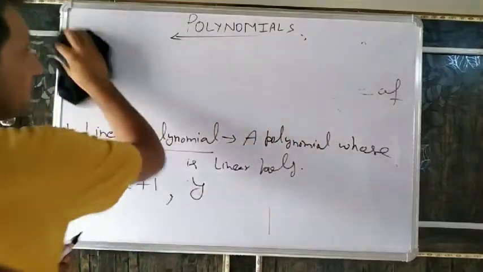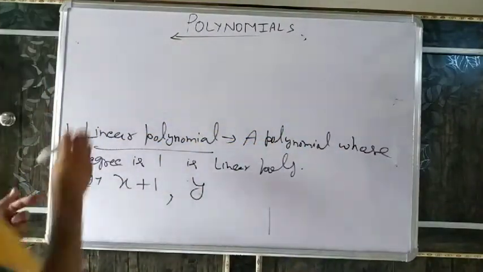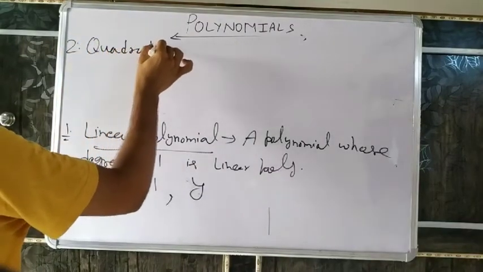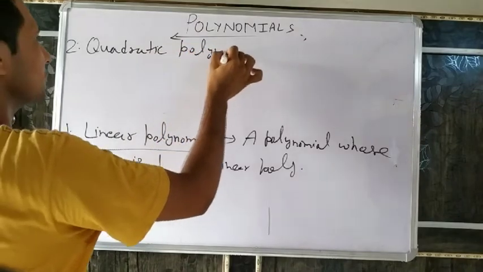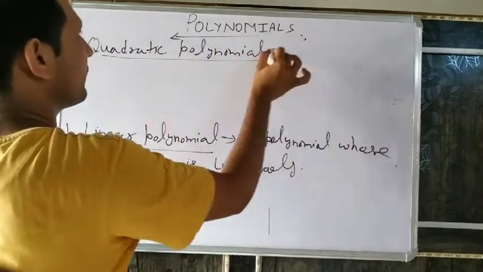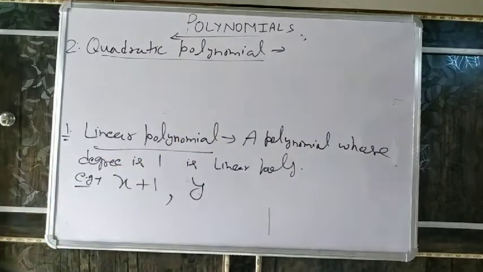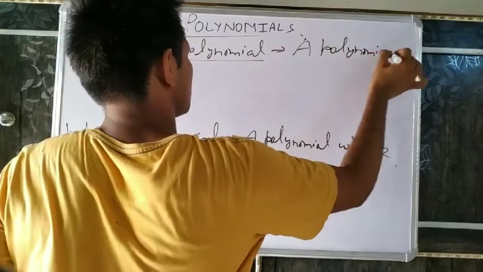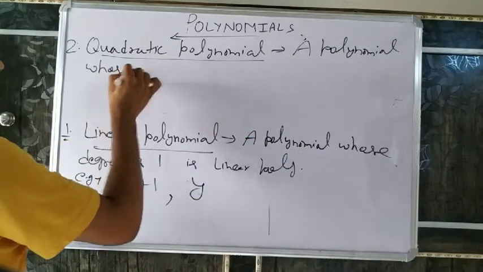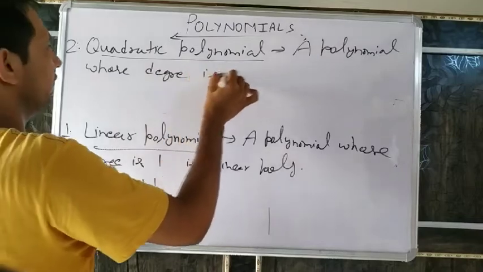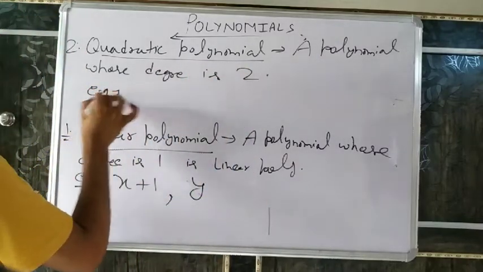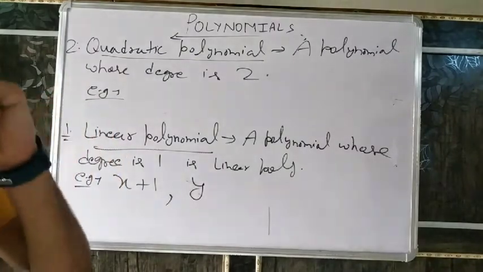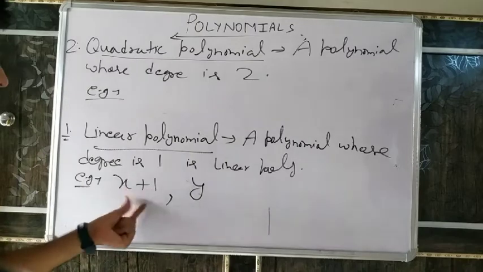Quadratic polynomial. It is very important. In 10th class also we will learn quadratic again. I hope everyone understands clearly. So next, a polynomial whose degree is 2 is called a quadratic polynomial. Example, quadratic polynomial degree is 2, but we will discuss only one variable. Look, these are separate. Here it is x.